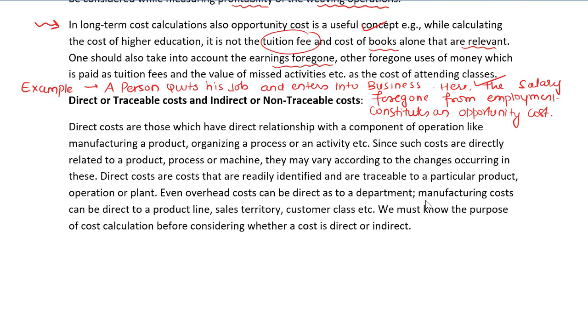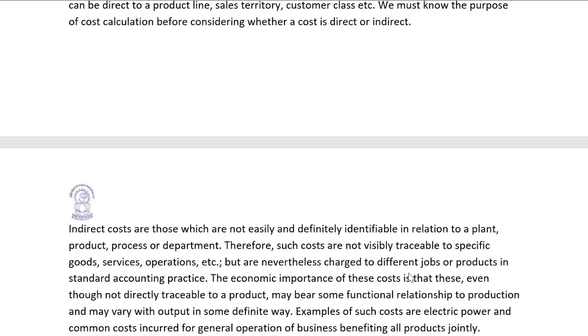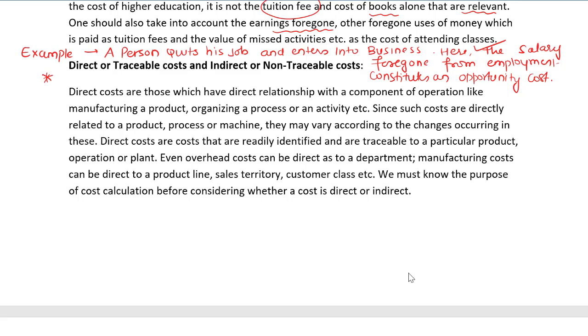Let's see direct cost and indirect cost. That is traceable cost and non-traceable cost. Direct cost is a cost which could be directly associated with the product, and non-traceable cost or indirect cost is the cost which cannot be directly associated with the product but it is a part of the cost. Direct costs are those which have direct relationship with the component of operations like manufacturing a product, organizing a process or activity.